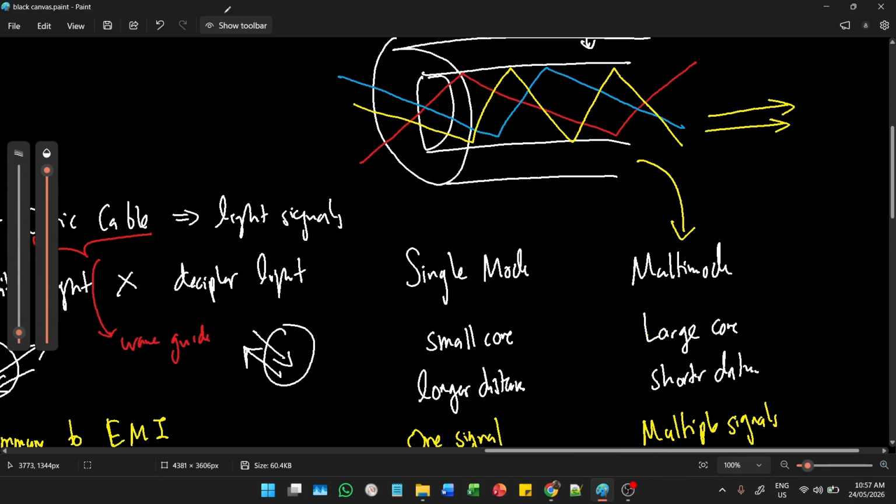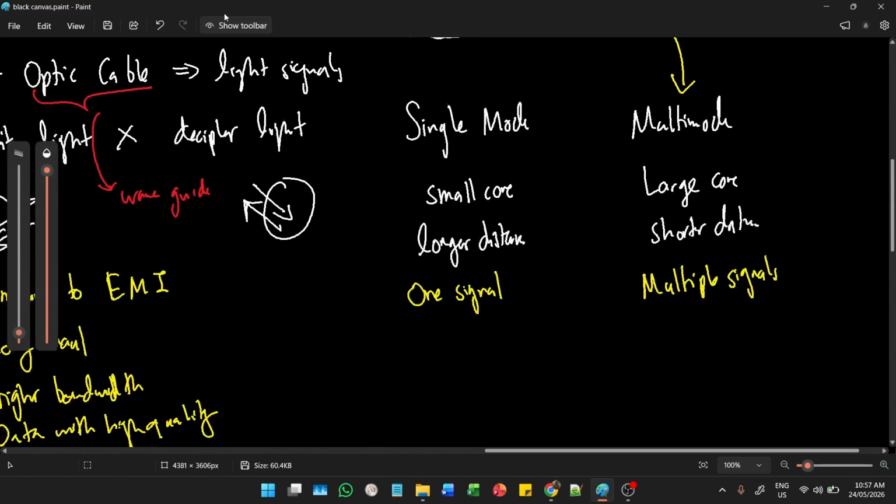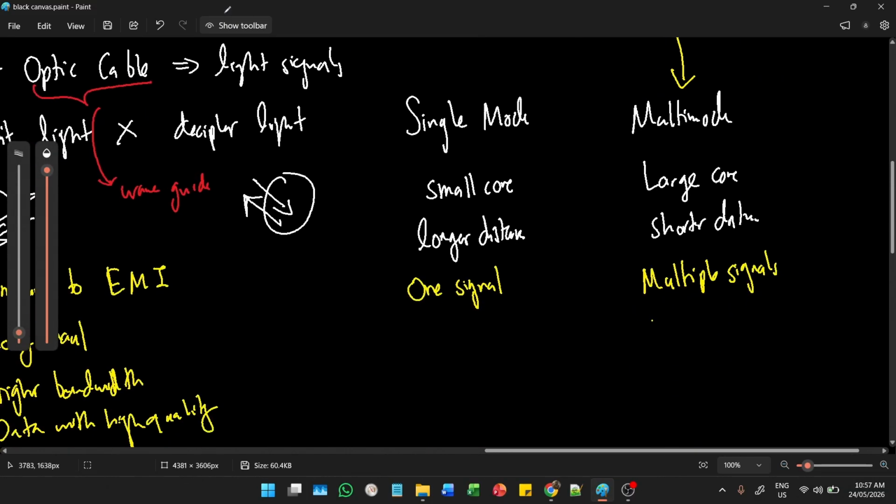In actuality, we will learn about this a bit later, but multi-mode has a loss of 2.5 to 3.5 decibels per 1000 meters, or per kilometer, whereas single mode has a loss of 0.2 to 0.3 decibels.